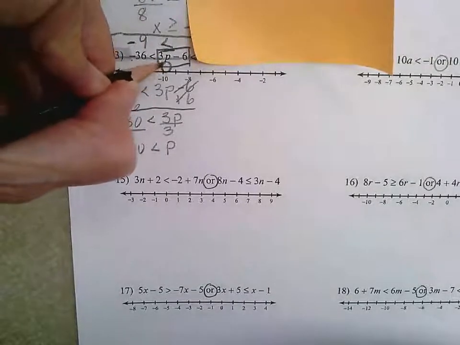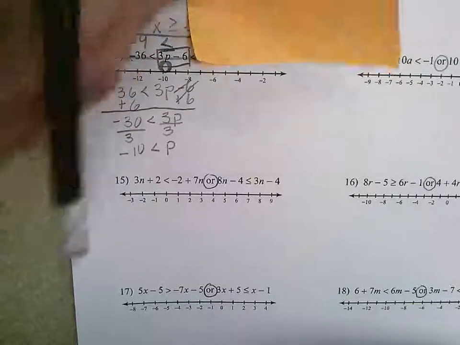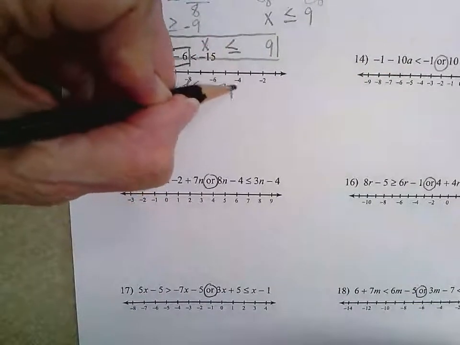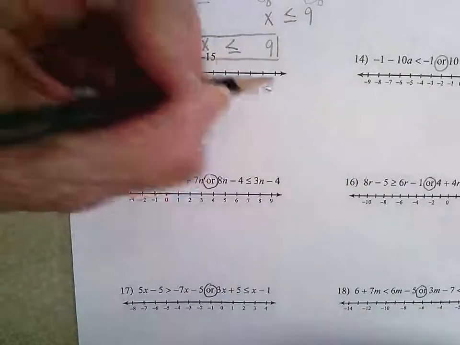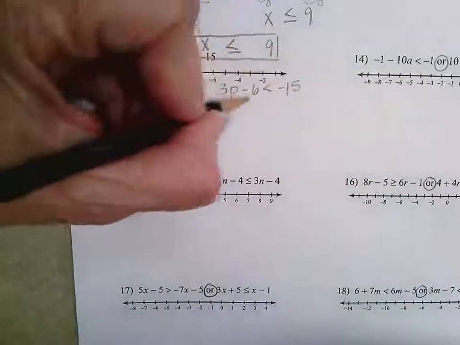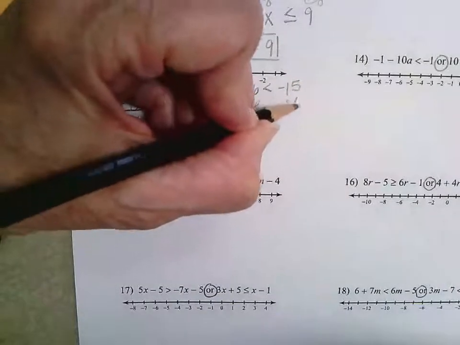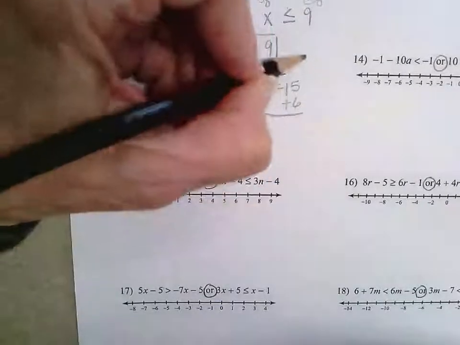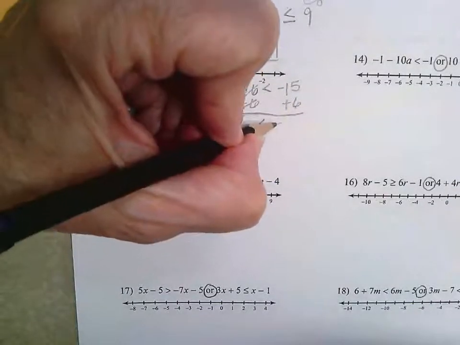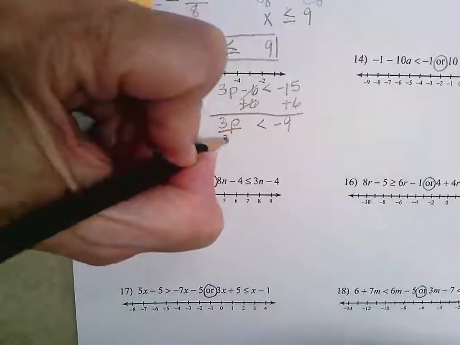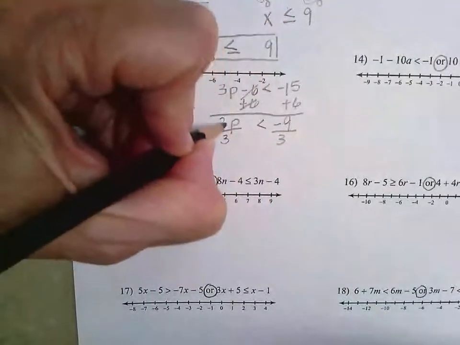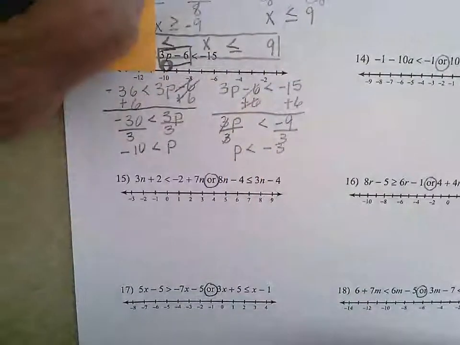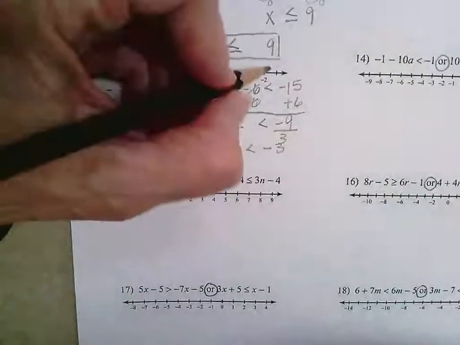Here's -10. That's going to be an open circle. Now I'm going to do the other side. So p is less than -3.